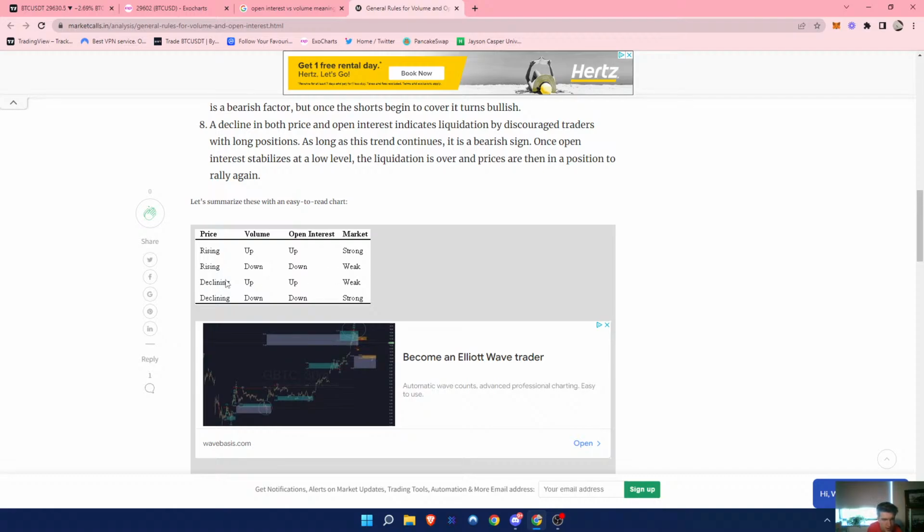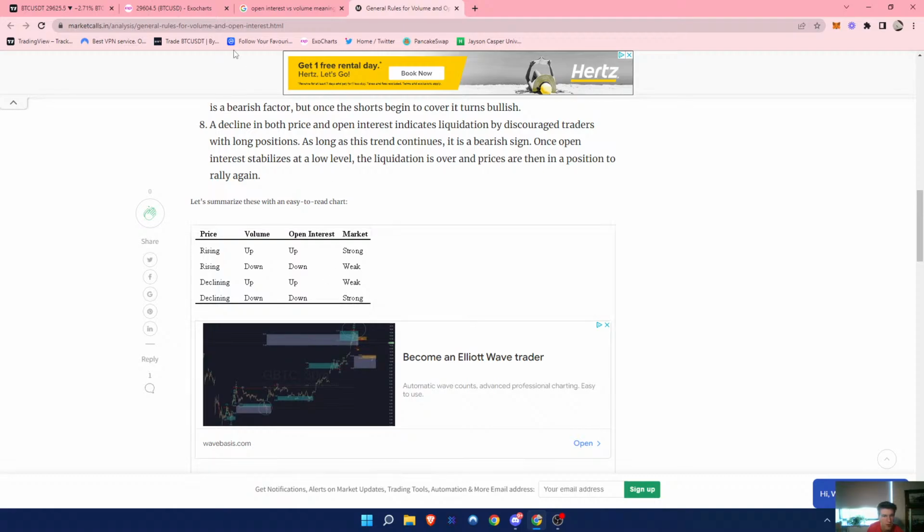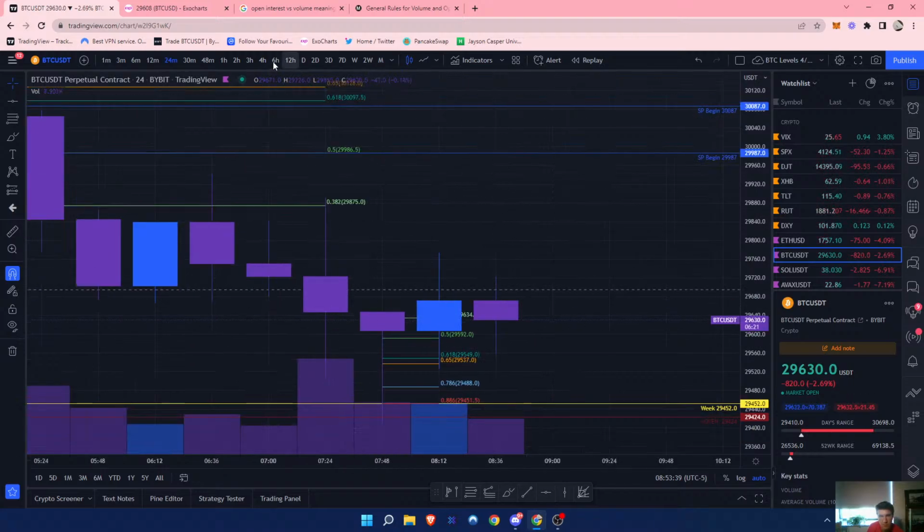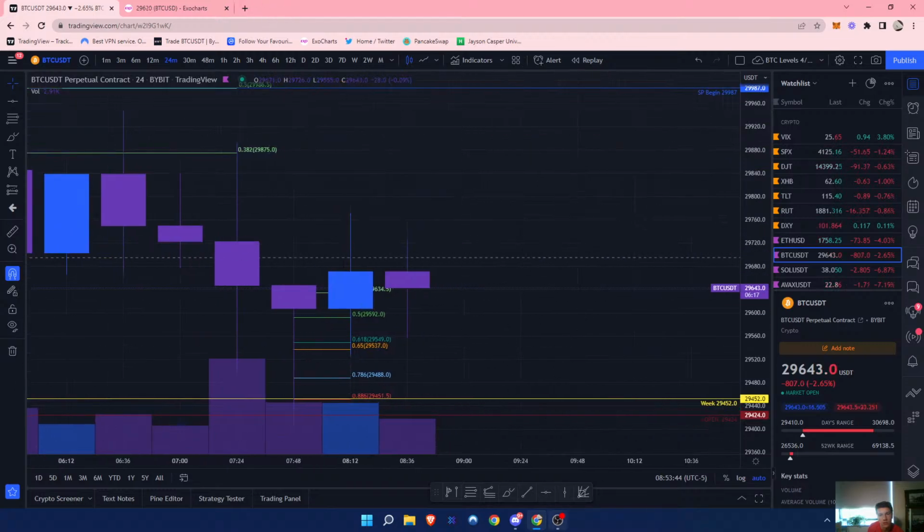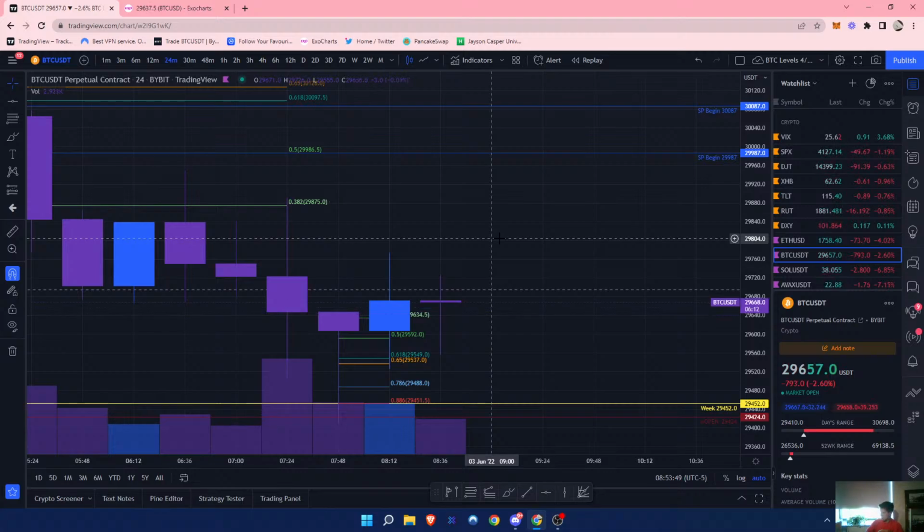When you see price declining and volume and open interest are increasing, that means money coming out of the asset even more as price is declining. And when price is declining and you see both going down, that means neutral in a way, but it's a weak move down. So the two are really determining the momentum behind that.